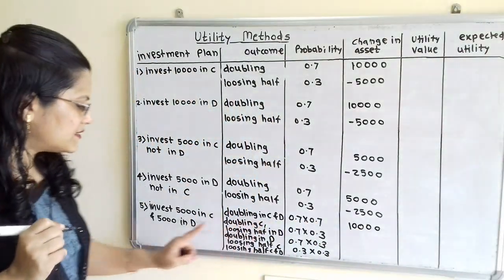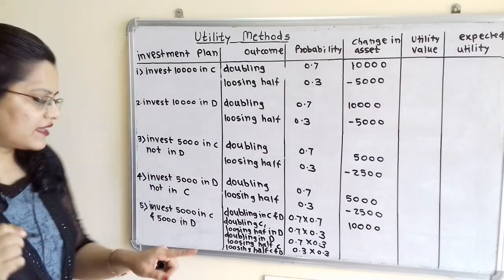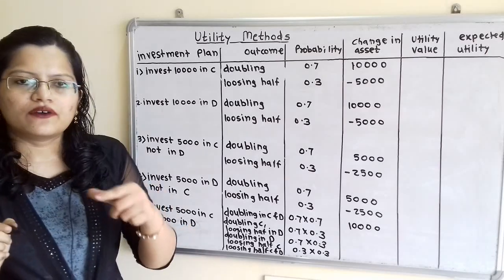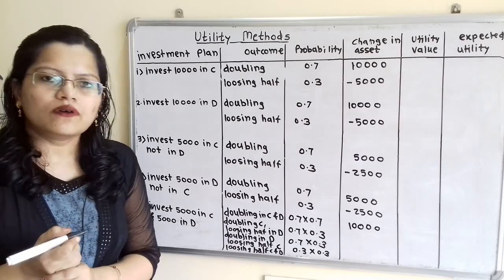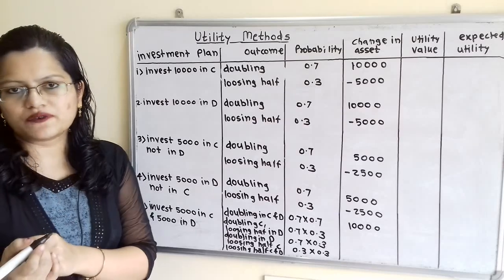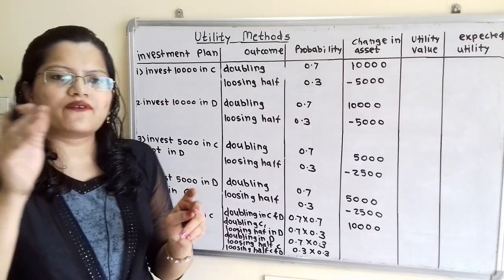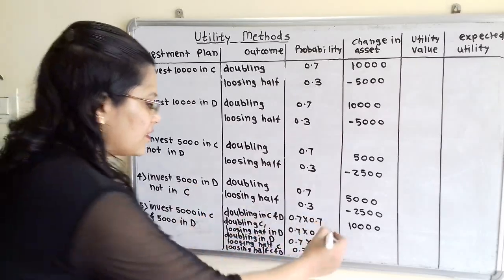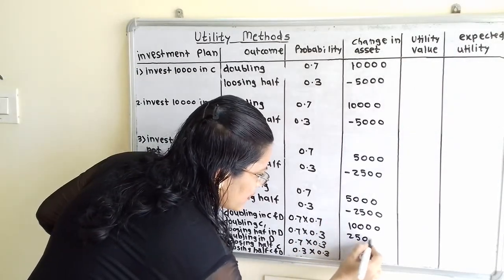Then doubling in C, we get an extra 5,000, but for the 5,000 in D, we lose 2,500, so we take minus 2,500. So there is plus 5,000 minus 2,500, which means the change in asset is plus 2,500.